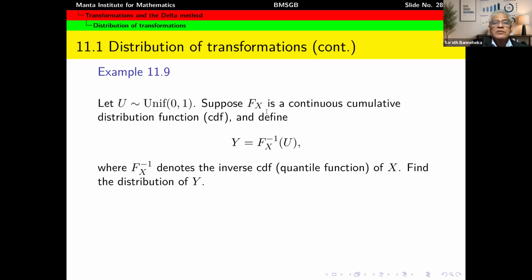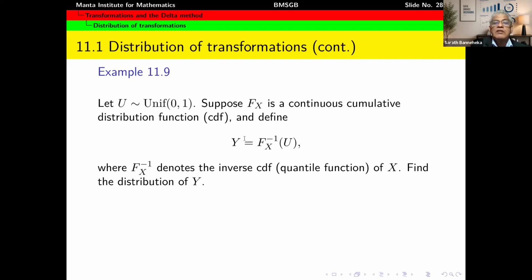What you have to do is transform these uniform random numbers using this transformation and call it Y. So you will have a set of Y values, transformed using F_X inverse evaluated at all the U values coming from the uniform distribution.